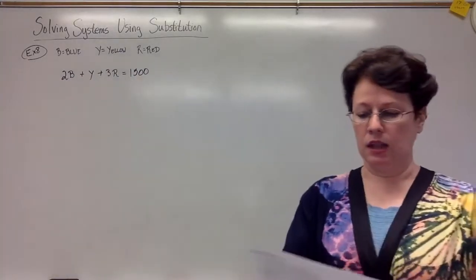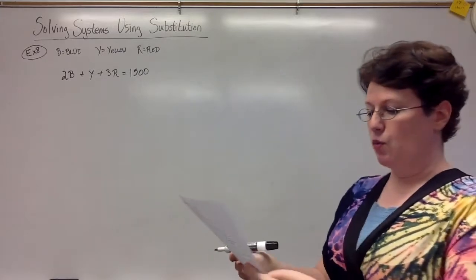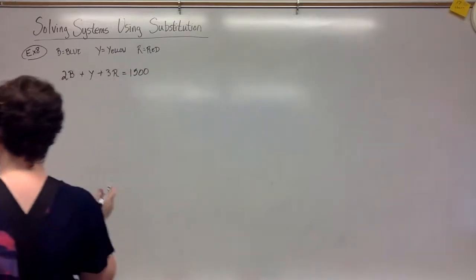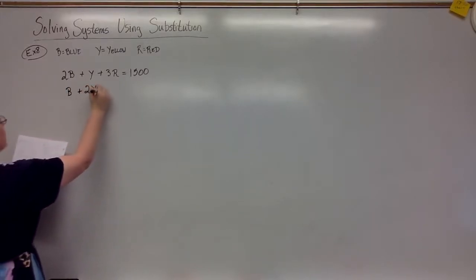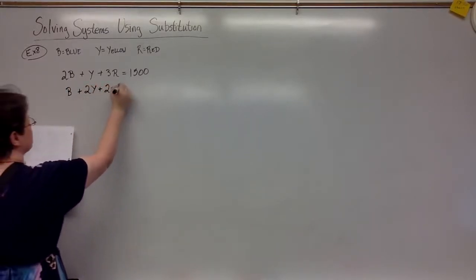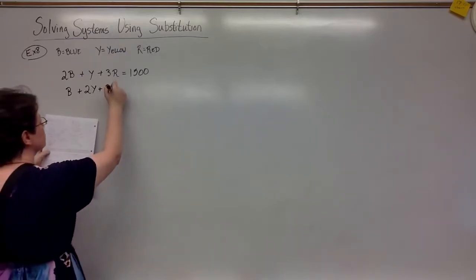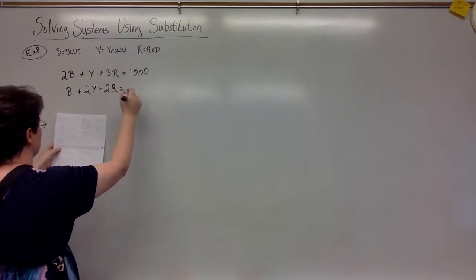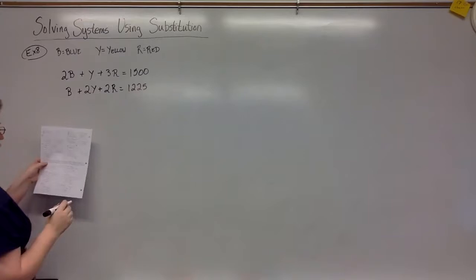All right? Now let's look. James won what? He has 1 blue ticket, 2 yellow, and 2 reds. So blue, 2 yellow, 2 reds. And his total was $12.25. All right?